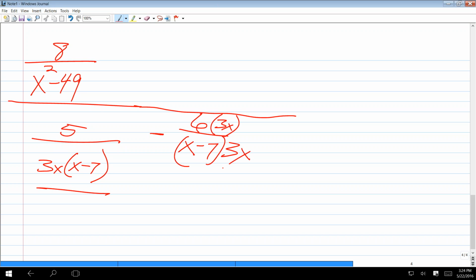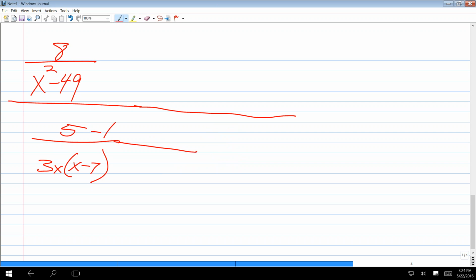Now I have a common denominator, and I can operate strictly on the numerator. So what does the numerator become? 5 minus 18x over 3x times x minus 7. Yeah, 5 minus 18x.